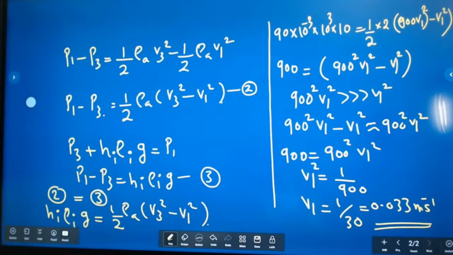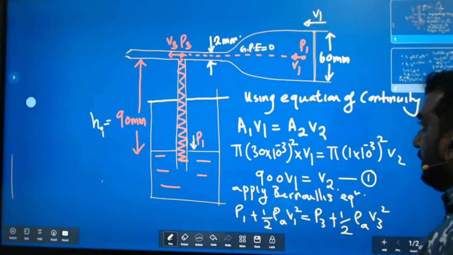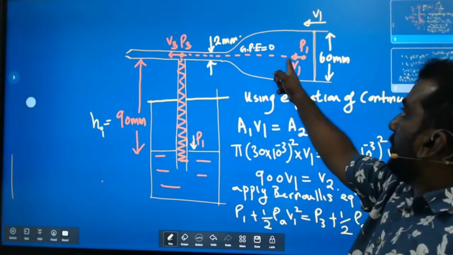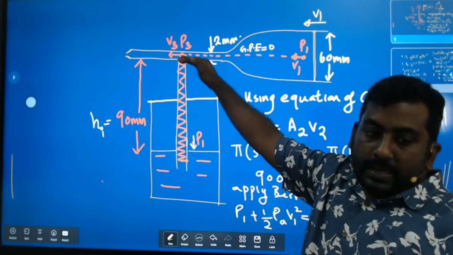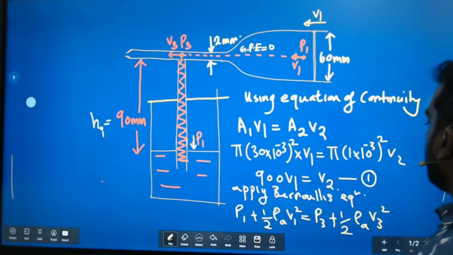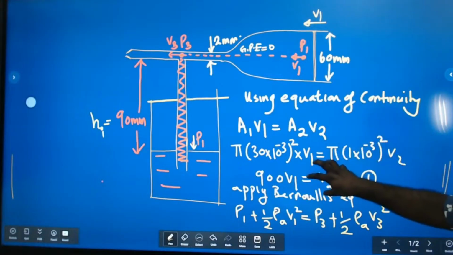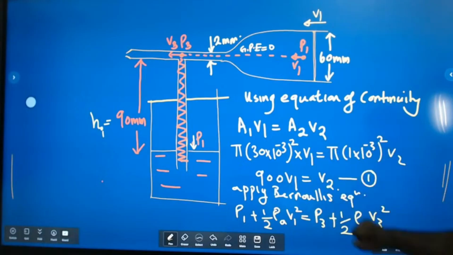What have I done? I have applied the equation of continuity, then Bernoulli's equation for air, and then the pressure balance.